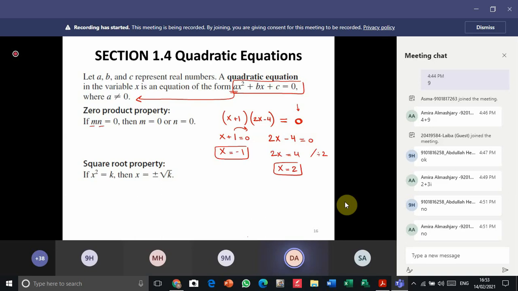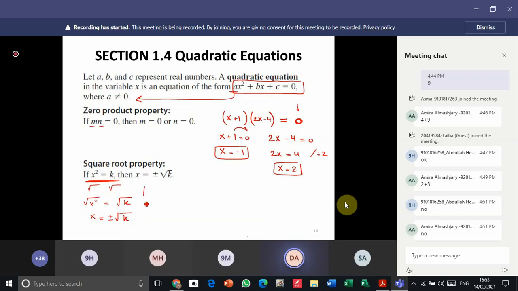Okay, now sometimes we have, for example, x square equals a number. We can take the radical of both sides. So we have radical x square and radical k. The radical removes the x square, yes, but in the equation we must put positive and negative. After removing the x square with the radical, we must put positive negative.